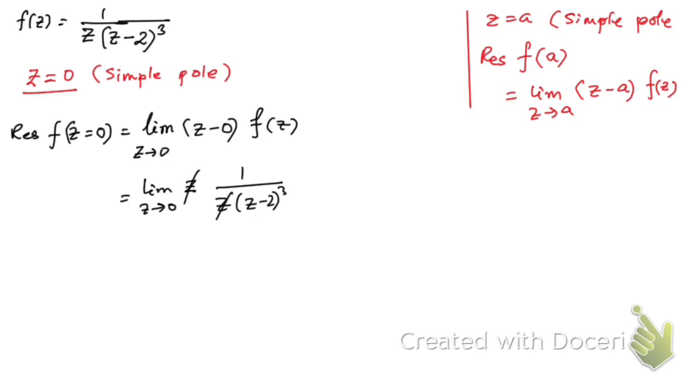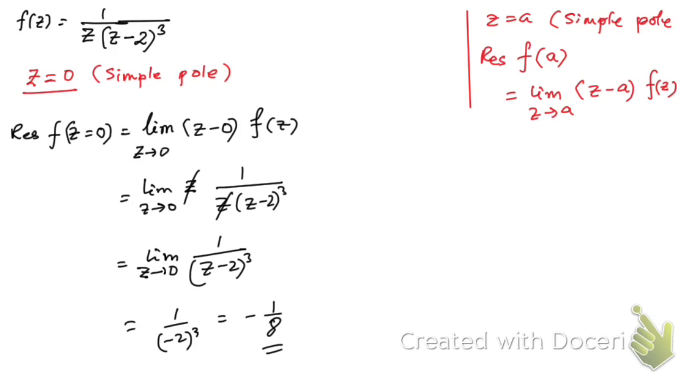Here z cancels, so limit z tends to 0 of 1 by (z minus 2) whole cube. If we evaluate this limit, we're going to have 1 by (minus 2) cube, that's going to be minus 1 by 8. So this is the residue at z is equal to 0, right?